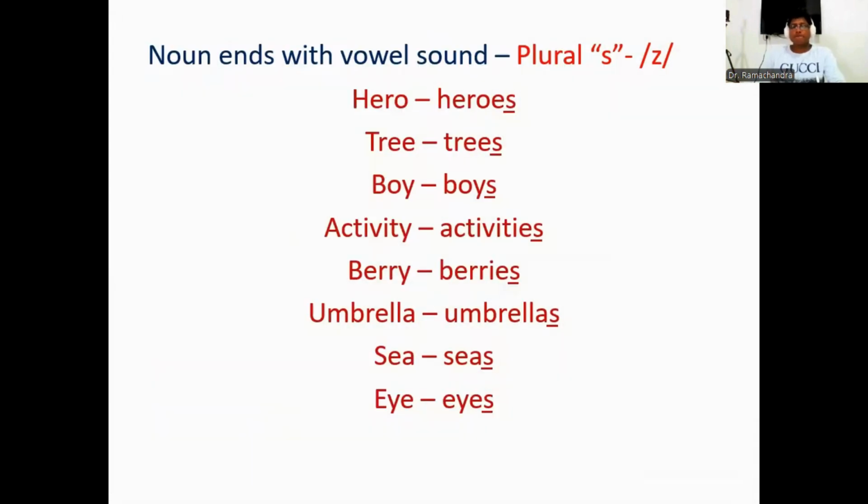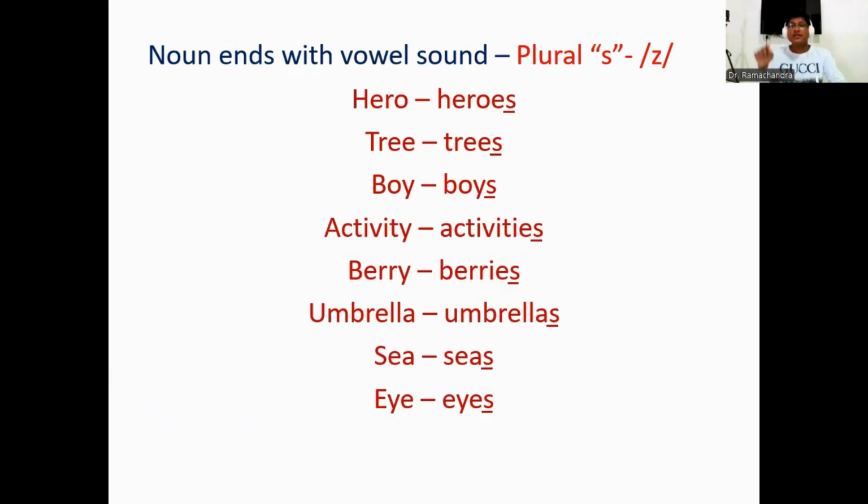The next one, you come to understand here. I told you, right? Hero ends with a vowel. Vowel is voiced. When you add s to that, it becomes z. Hero, heroes. Tree, ee, voiced, because it's a vowel sound. Tree, trees. Boy, boys. Oi, diphthong.